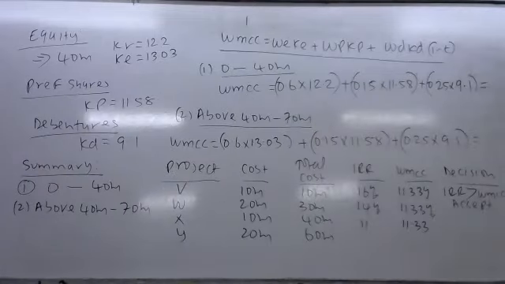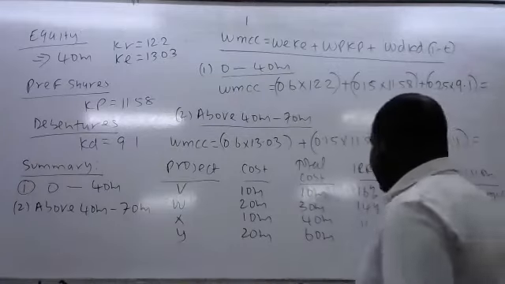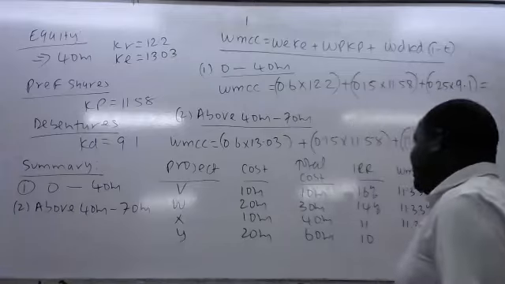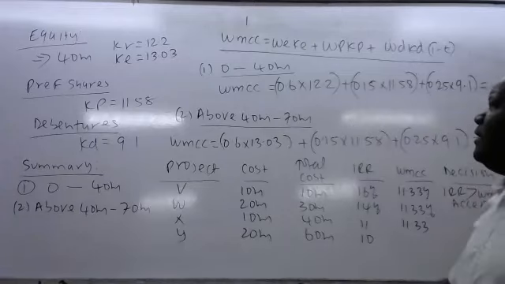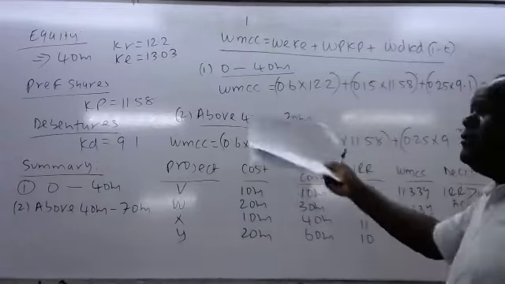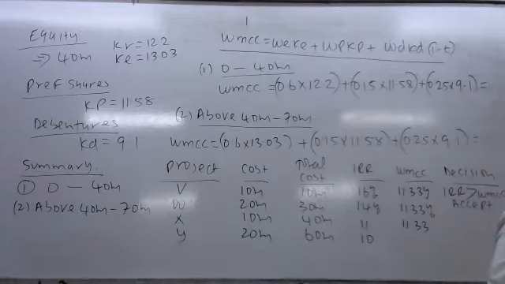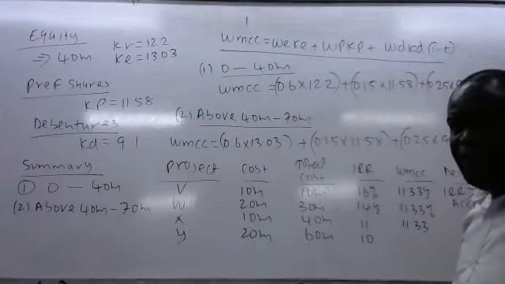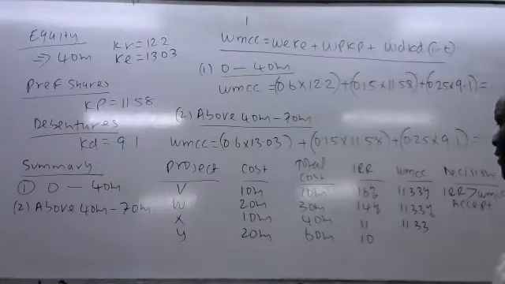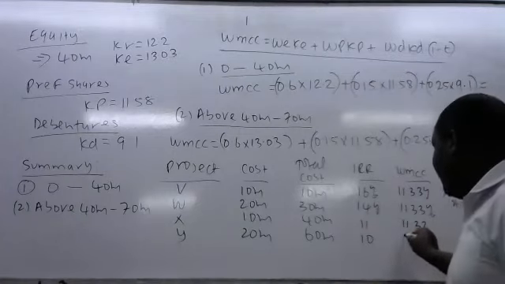Then what is the IRR for project Y? 60 million is above 40 to 70. Above 40 to 70, the WMCC you got is 11.81.